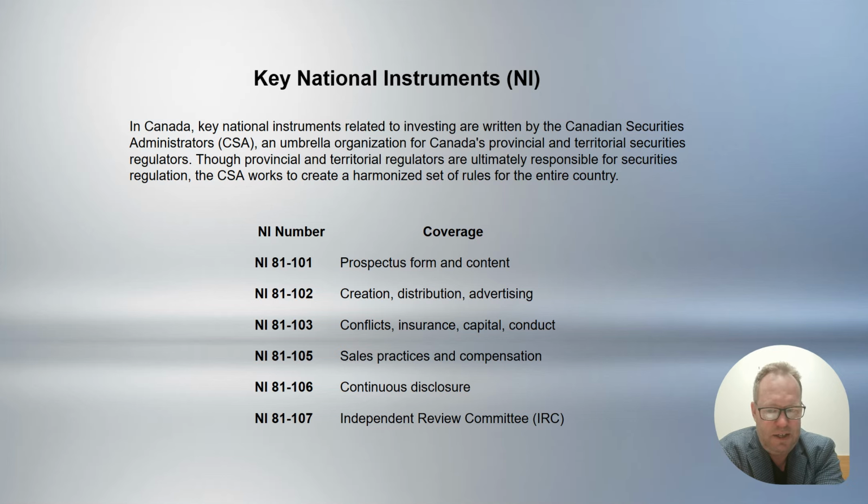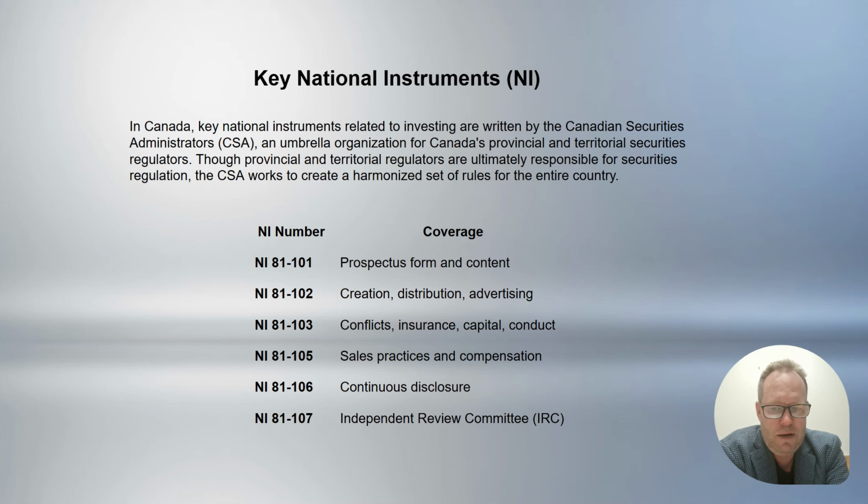They're really, like the description says, an umbrella organization that gets all the different provincial regulators together to come up with national instruments that apply across the whole country. So again, the CSA acts as an umbrella to gather up all the provincial regulators, including the Alberta Commission, to agree on these national instruments.